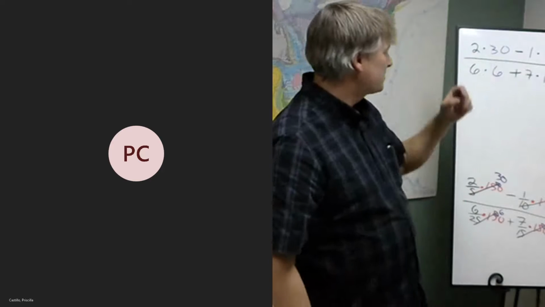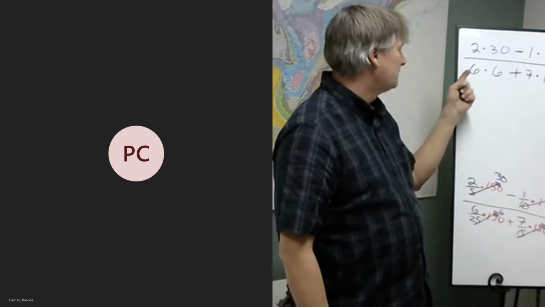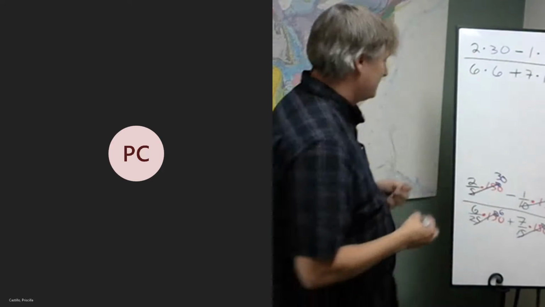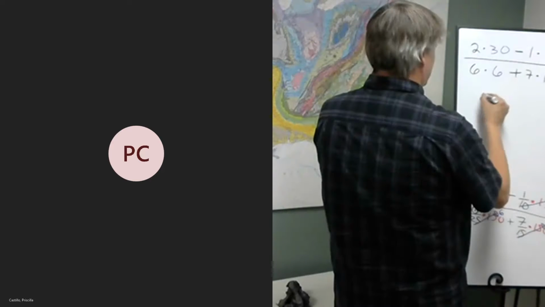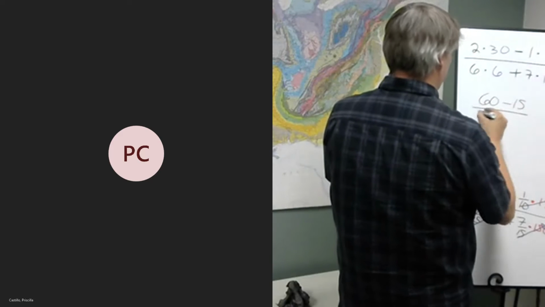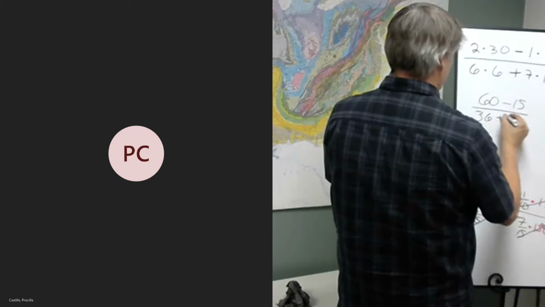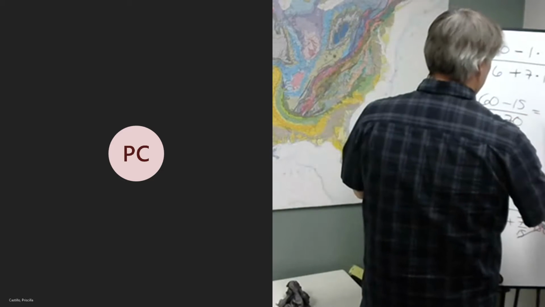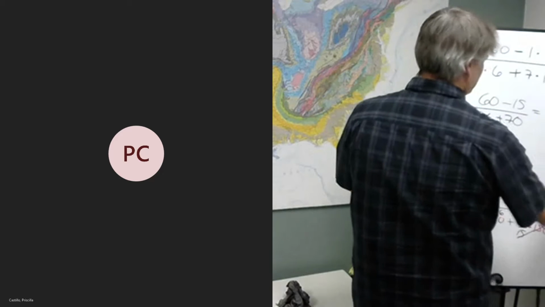So we have 2 times 30, 1 times 15, 6 times 6, and 7 times 10. So we'll get 60 minus 15 over 36 plus 70, that'll be 45 over 106.